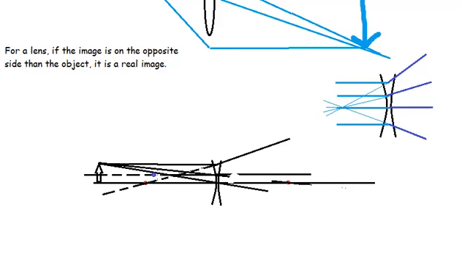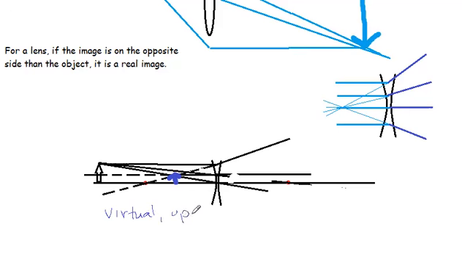But this dotted one and this dotted one, and then this one comes through, all to right here. So in this case, it's on the same side. And remember, all these lines are dotted because they don't actually reflect. They should go through, but we extrapolated backwards to get the line. So these are extrapolated lines. In other words, it's going to be a virtual image.